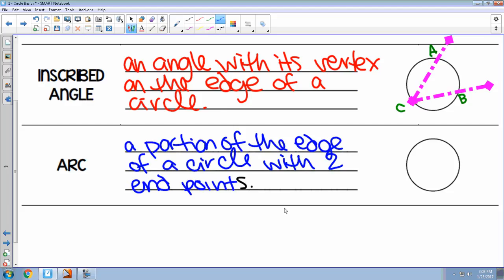Okay, so maybe I have point A and point B. This, the amount connecting A and B, would be an arc. It is just a section of that. We have a symbol for this. I'm going to talk about naming it in a second. But your symbol is literally just drawing a little tiny arc, just like that.